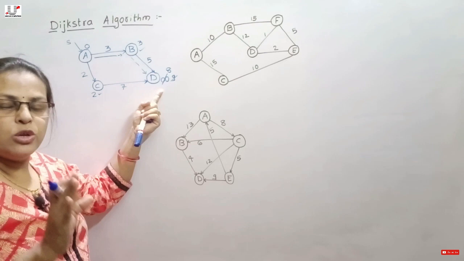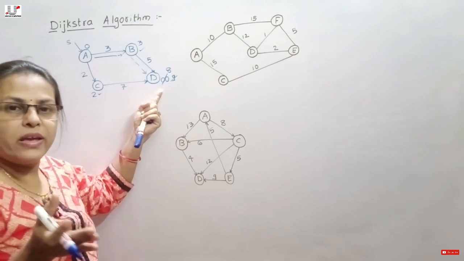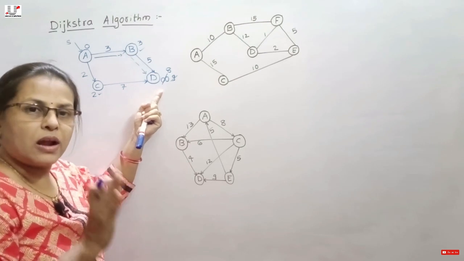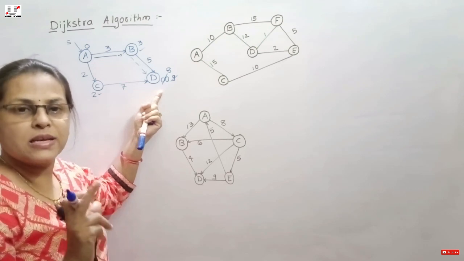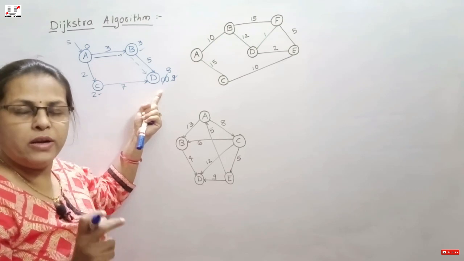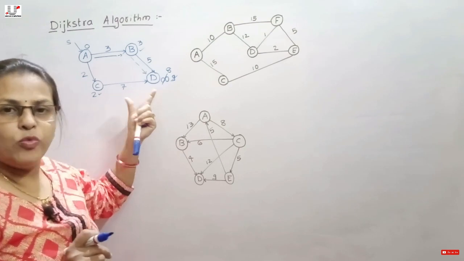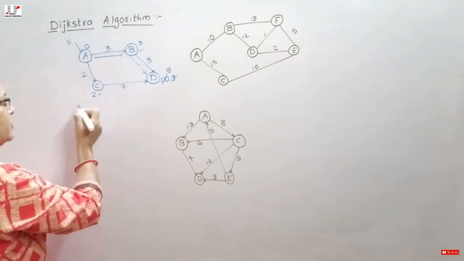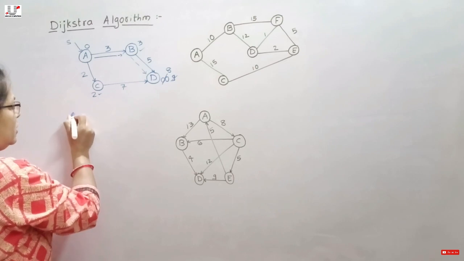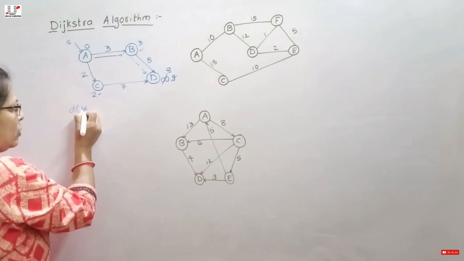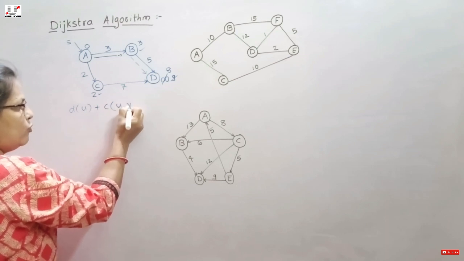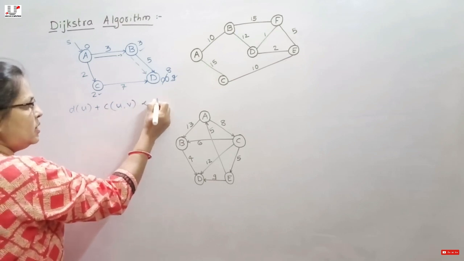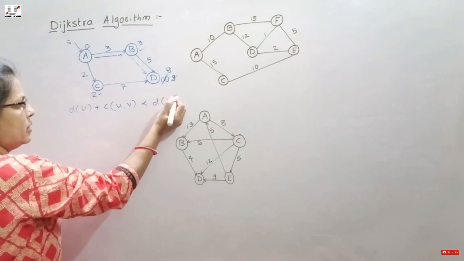So the calculation of distance via another vertex rather than the starting vertex is called relaxation. To perform relaxation, we use the condition: distance of u plus cost of u to v, if it is smaller than distance of v.